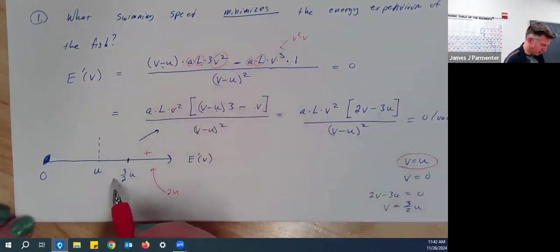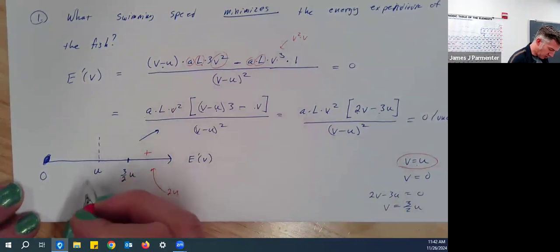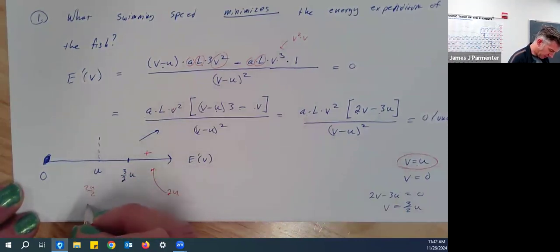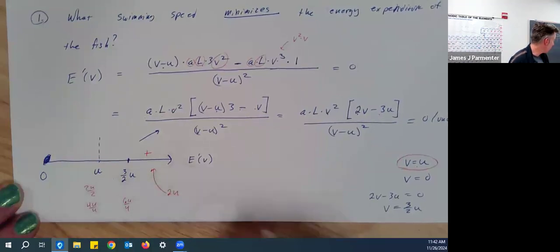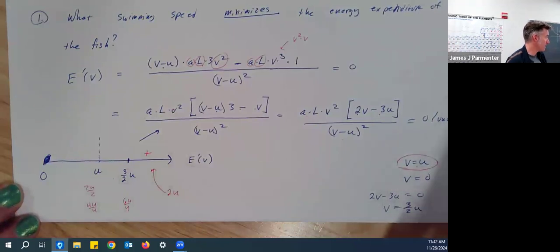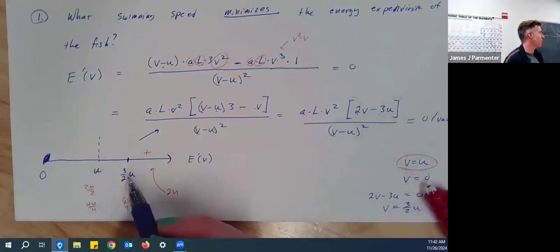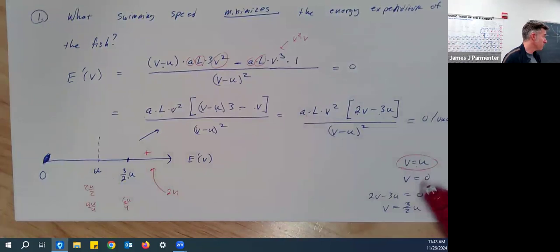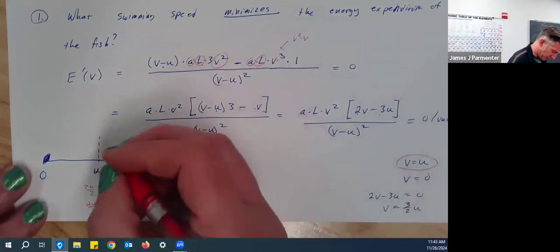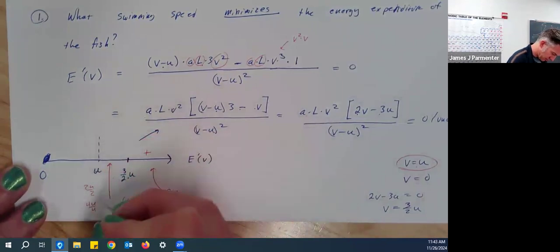Between u and 3/2 u, that's 4u over 4 and 6u over 4. I'm going to try 5u over 4 because that's in the middle, or maybe easier to think of, between 1u and 1.5u, I'm going to pick 1.25u.